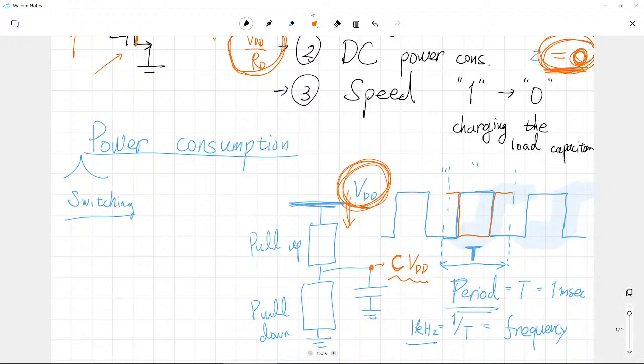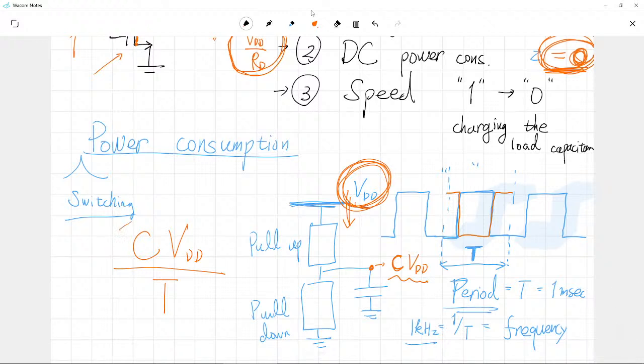So then let's think about a certain average charge. During time T, how much charge was supplied from our VDD? In order to charge it, we have to have C times VDD.